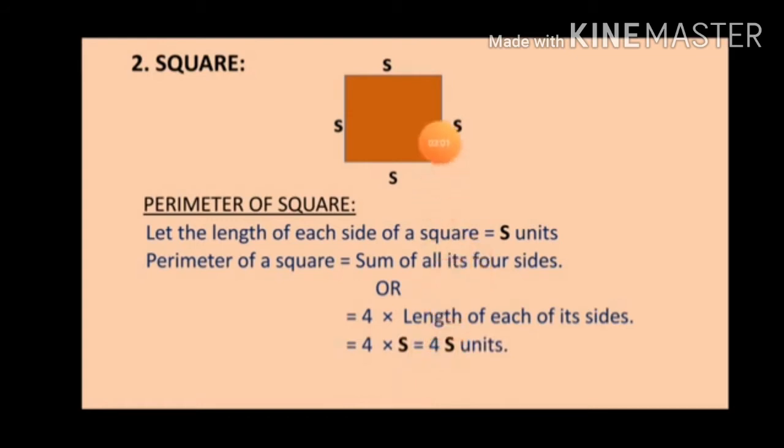We have represented the length of each side using the variable S, so we write that here and multiply it by 4. So we get the perimeter of a square is equal to 4S units.